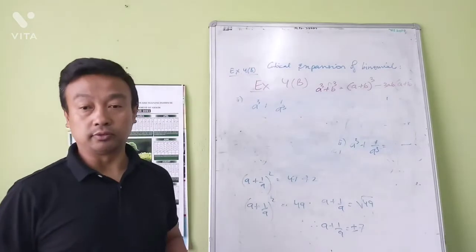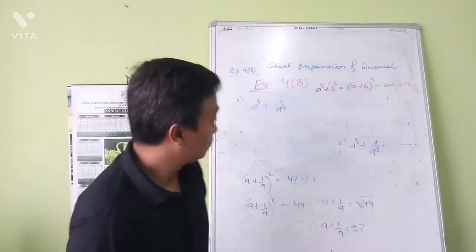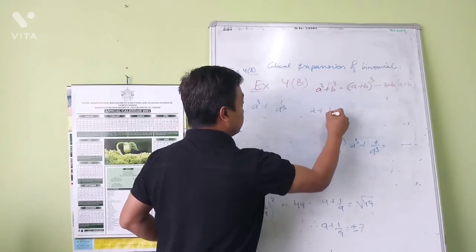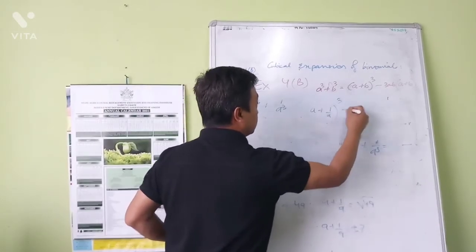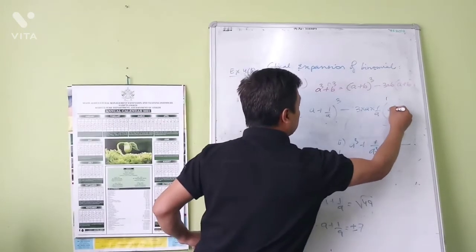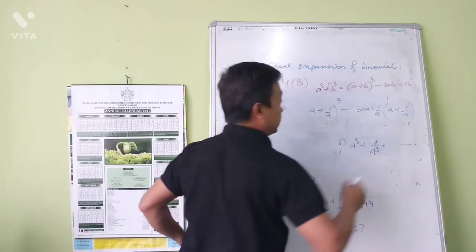This is the formula you have to use. So now a is a only, b is 1 by a, the whole cube minus 3 into a into 1 by a, bracket open a plus 1 by a.